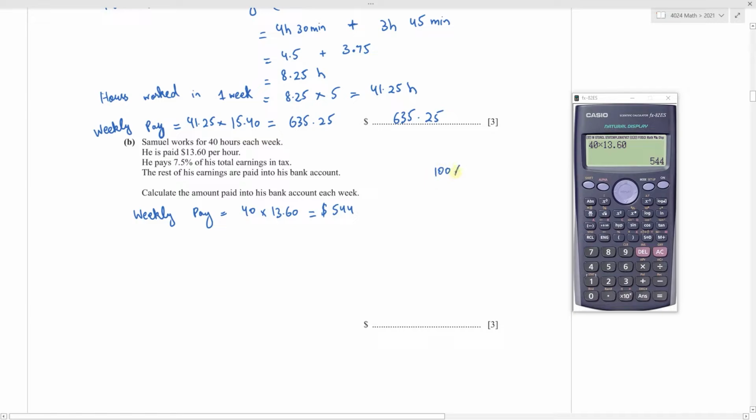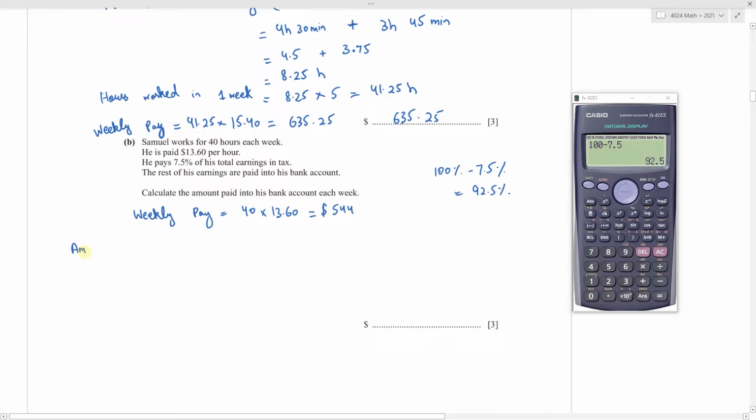Now he pays 7.5% of his weekly earnings in tax. So 100% minus 7.5%, you're left with 92.5% of the pay after the tax deduction, and that is the amount that is paid into the bank account.